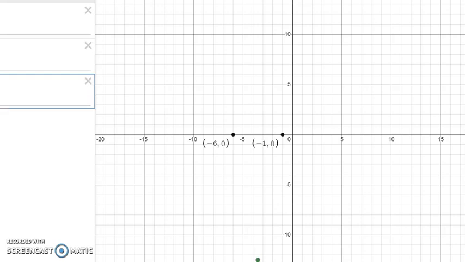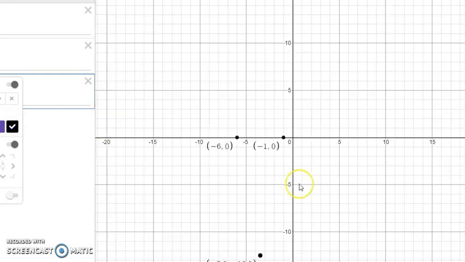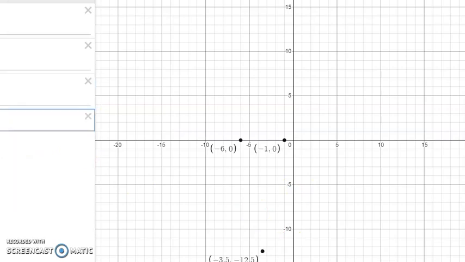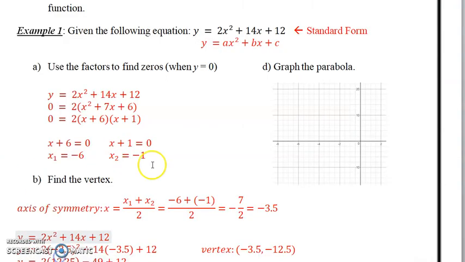There's the vertex, label that, at the bottom there. We also know the y-intercept is 0, 12. So we look at the original form of the quadratic. We notice that the c value is 12, so that means the y-intercept is 12.